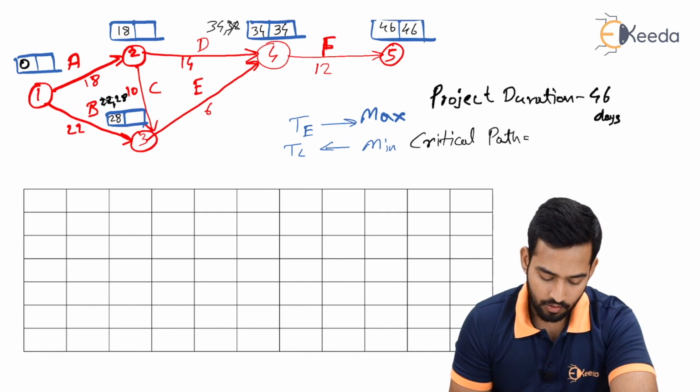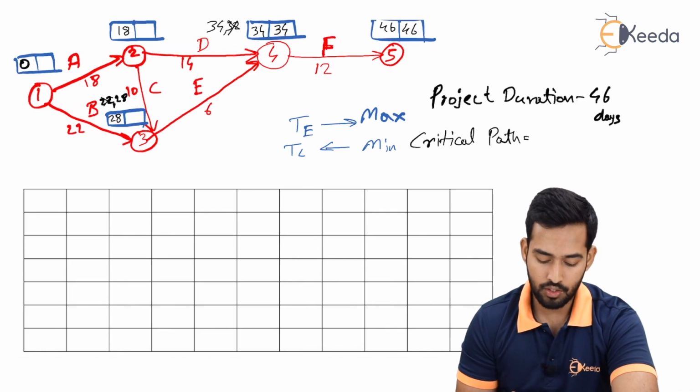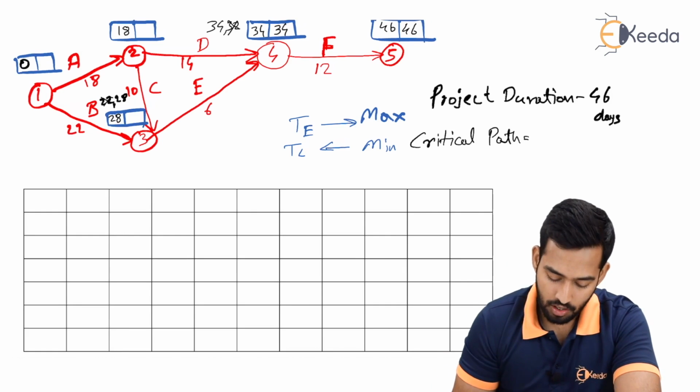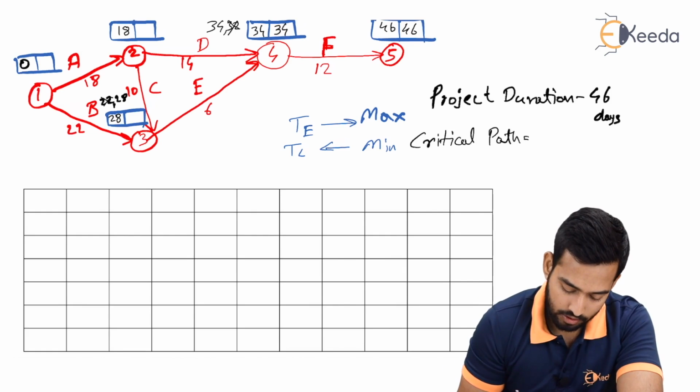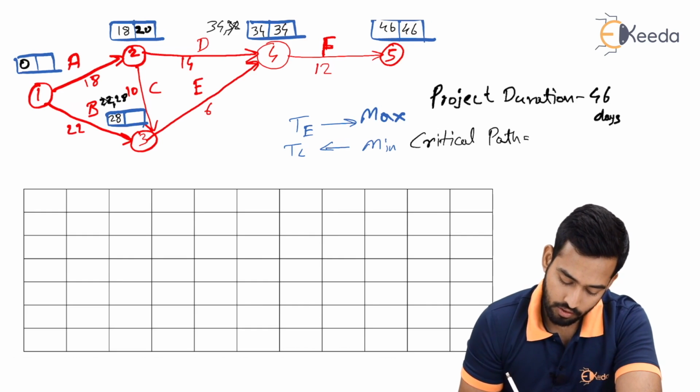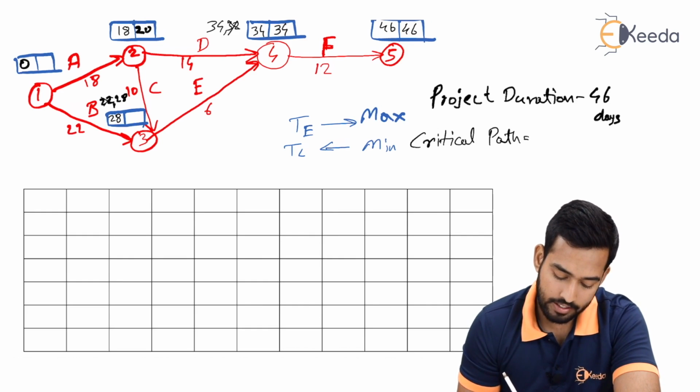Then we have to calculate now. We have to go toward 2 to 4. So from the fourth node to the second node, 34 minus 14 will give us 20. While 34 minus 6 will give us what? Will give us 28.